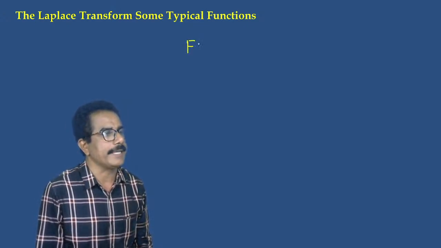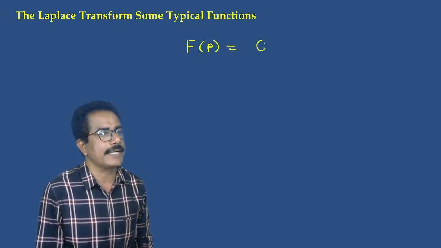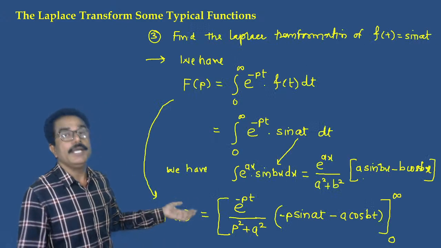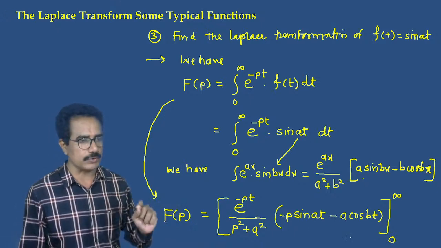So f of p is equal to the upper term, if we put the upper limit, we get the result as 0. Now if we put the lower limit, we have to put t is equal to 0.